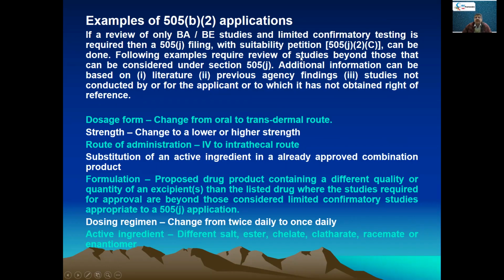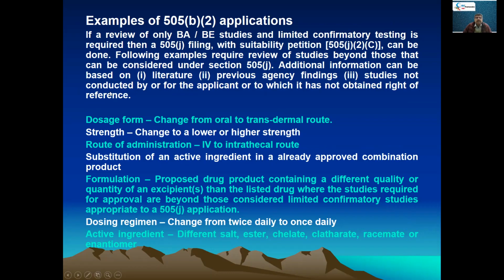The following examples require a review of studies beyond those that can be considered under 505(j), which is the ANDA. Additional information can be based on literature, previous agency findings, and studies not conducted by or for the applicant, or to which it has not obtained the right of reference.